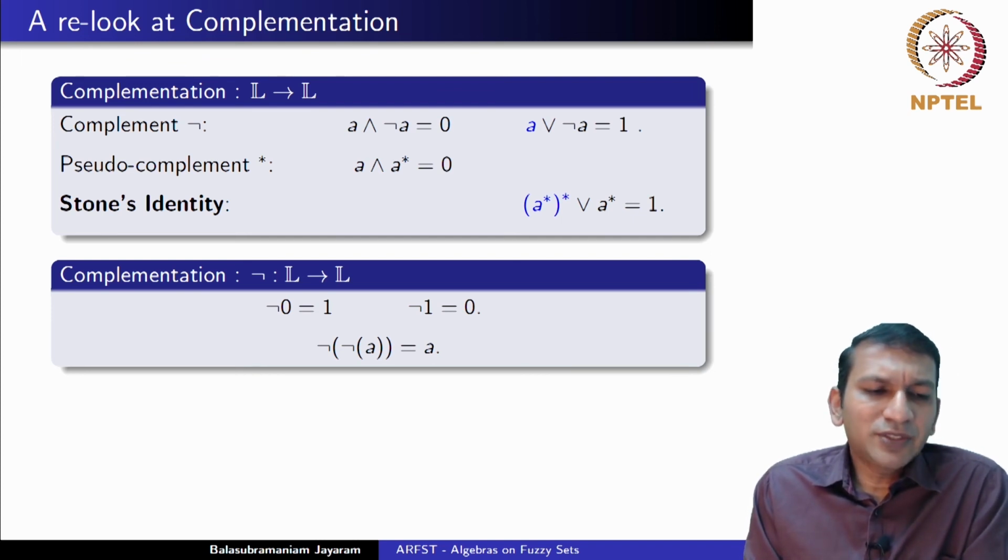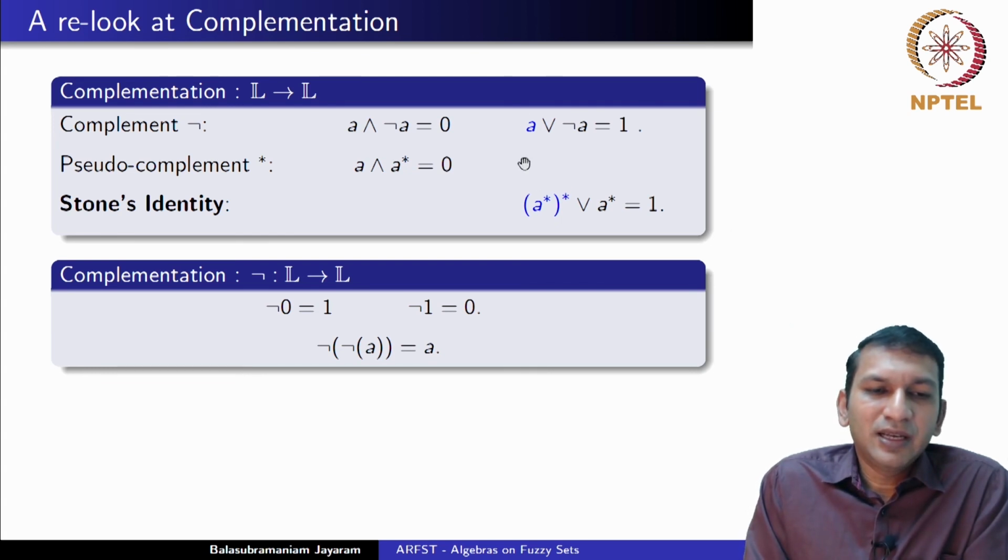So if you have such a complement operation, then these two are essentially the same. For A, instead of A double star, we could as well use A itself. Of course, here we are talking about complementation. It could also be pseudo complement.